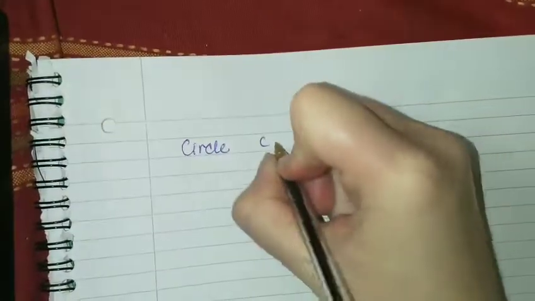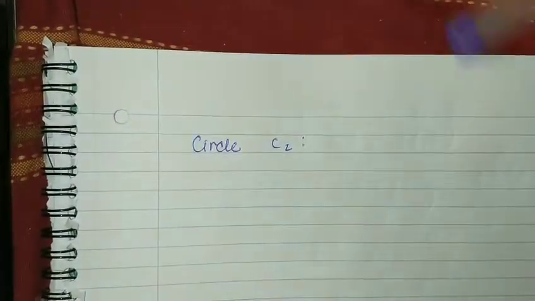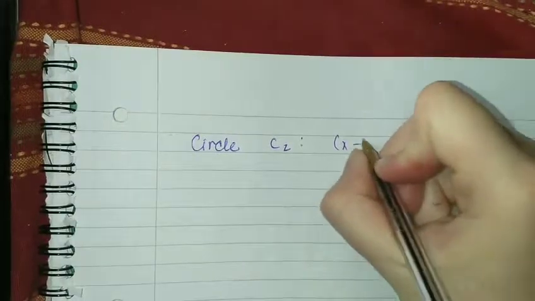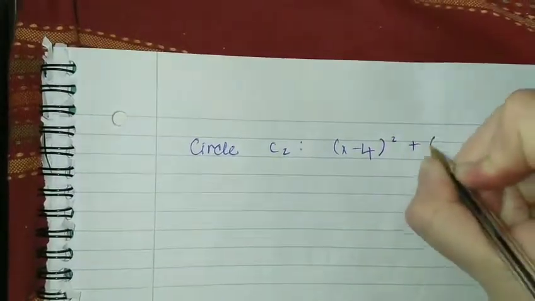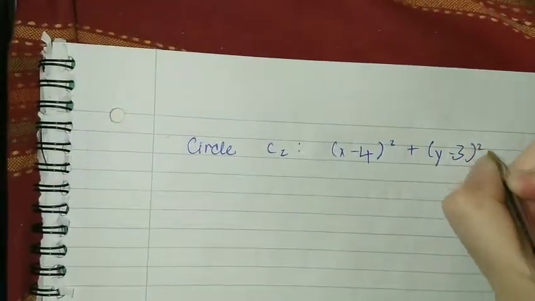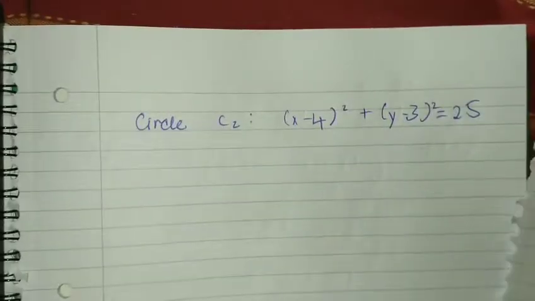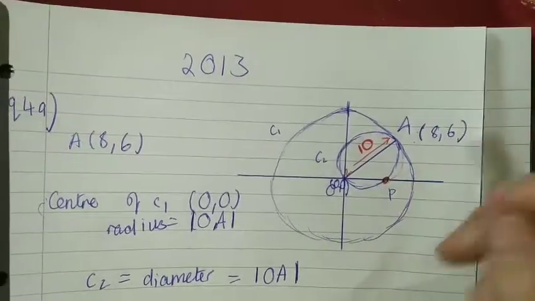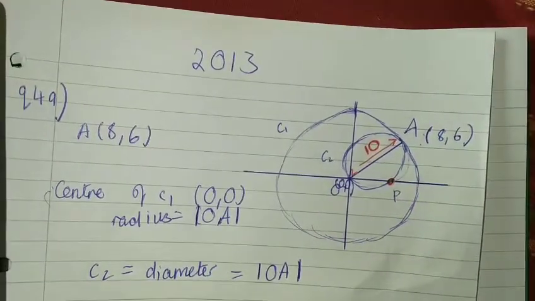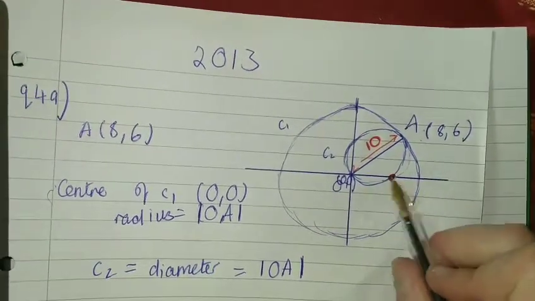So we have the equation of our second circle, C2. We already got that the equation of that was x minus 4 squared plus y minus 3 squared is equal to 25. So we want to get the coordinates of the point P, where it cuts the x-axis.